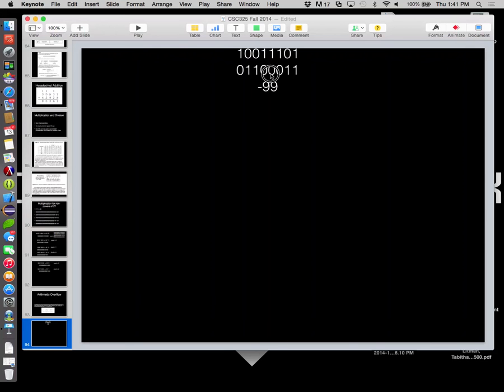Out of curiosity, how many of you recognized that you could take the 2's complement of the 2's complement to get the original value? I never actually mentioned that in class.